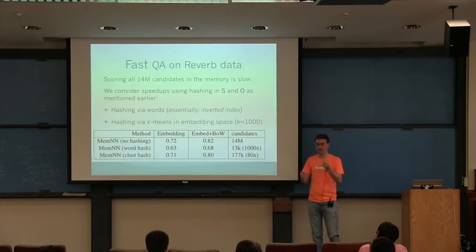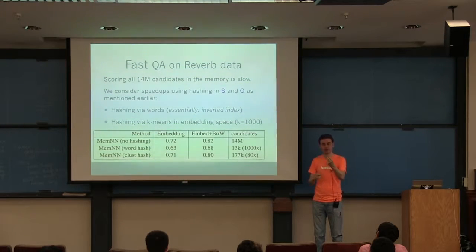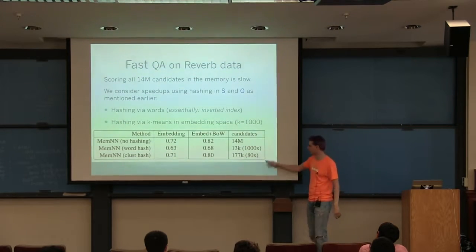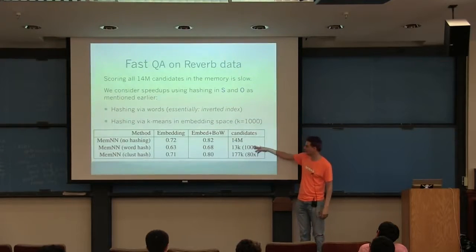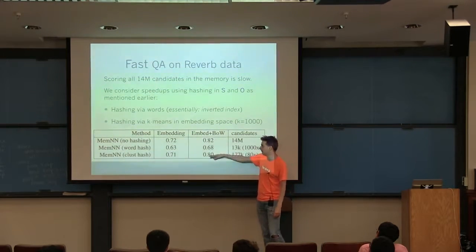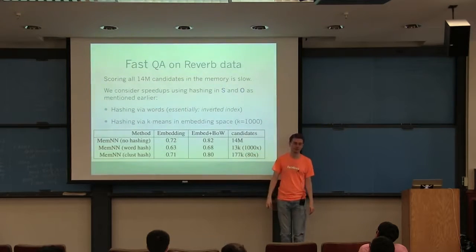Now we take all the words in the question and find all the memories that live in the same clusters as the words in the question. That's not quite as fast now. That's only 80 times faster than the original. Still a lot faster, but the loss in performance is negligible.